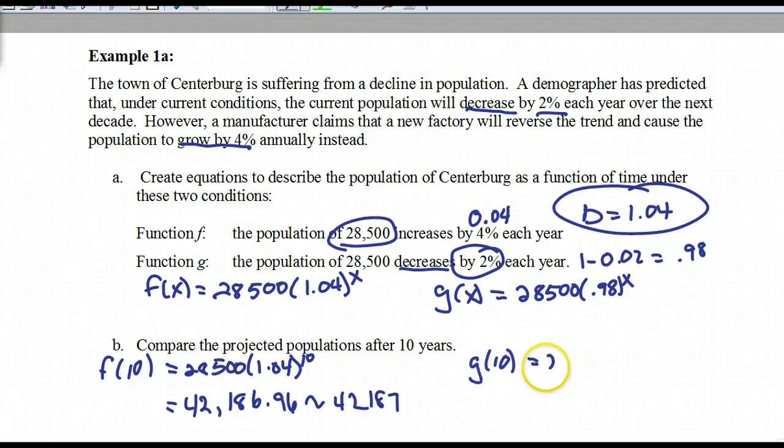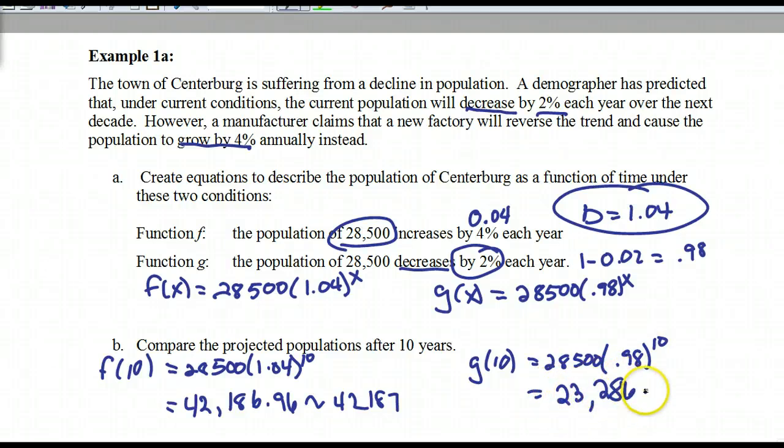So we're going to put 28,500 times 0.98 to the 10th power here. And we end up with 23,286.6. If we were to round that up, 23,287.